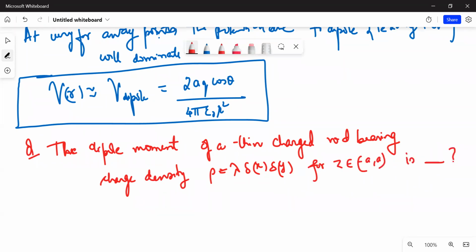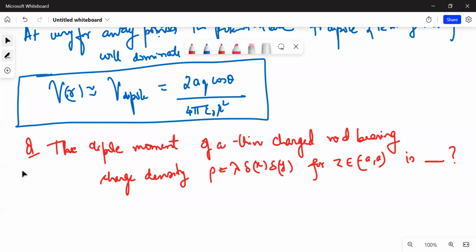What do you think that the dipole moment for this thin charged rod bearing this kind of charge density, where z belongs to minus a comma a, would be? So this is what is asked.